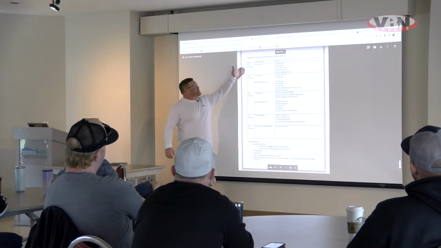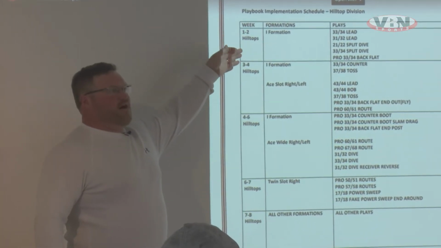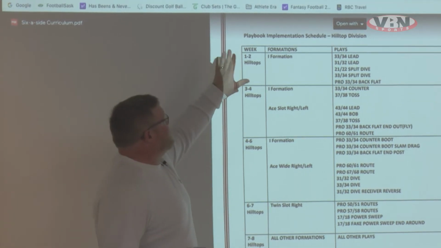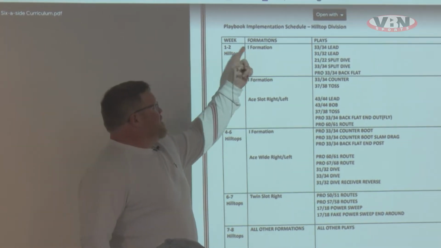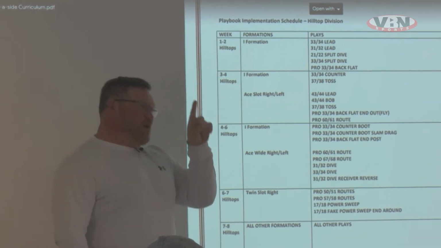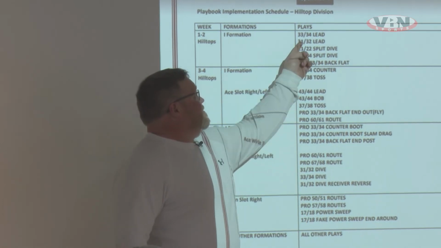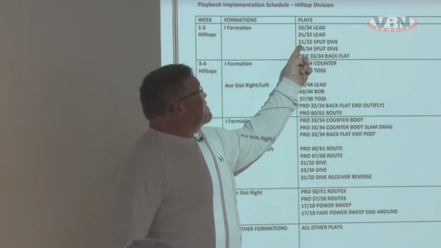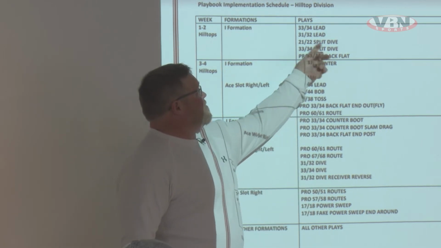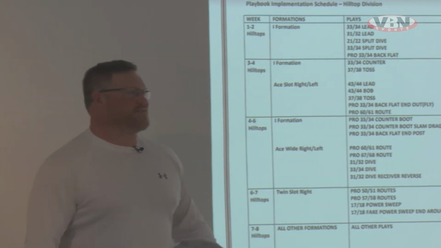Implementation schedule. Our Hilltops division is our youngest division, because we go by grades instead of calling it U10 and all that. In weeks 1 and 2 of the season, you get to run one formation, high formation. You get to run leads up the middle, leads off the edge, a split dive with a fullback, a tailback dive option that goes to the fullback or the tailback, and one play action pass.